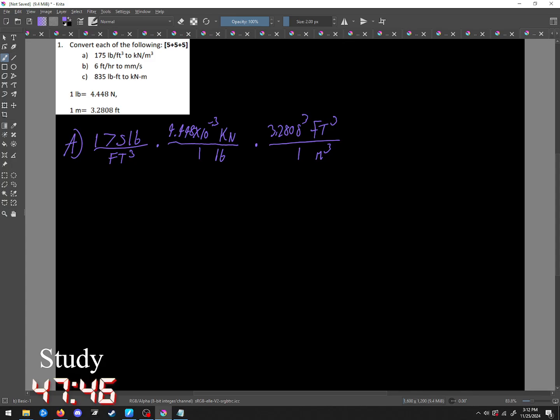So this gets crossed out, and this gets crossed out, leaving our answer to be 175 times 4.448 times 10 to the negative third times 3.2808 times 10 to the third.